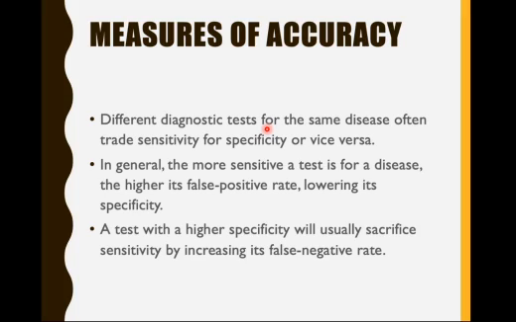When specificity goes up, sensitivity goes down. In much the same way, a test with higher specificity will sacrifice sensitivity by increasing its false negative rate, because as we said a while ago, the false negative rate is the complement of your sensitivity.